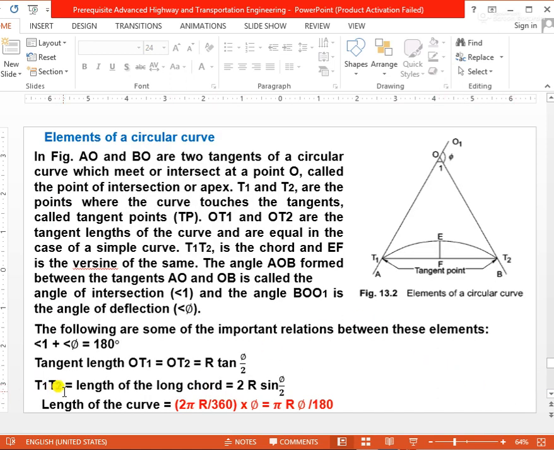T1T2 is the length of the long chord, and it is 2R sin phi by 2. And the length of the curve is 2 pi R by 360, the formula of the degree of curve, into phi. So the length of the curve is pi R phi by 180.